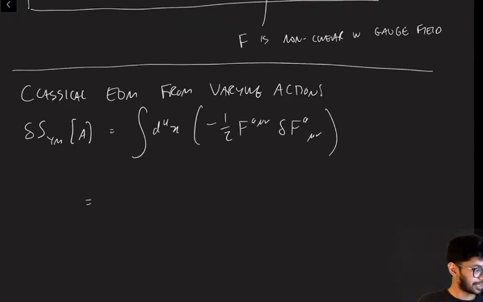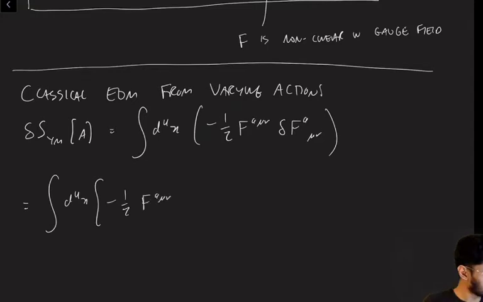Now, let me write out explicitly what this is. Let me try to do this correctly with no typos. This is the integral d^4x F^a_μν, and now here I'm going to plug in the definition of F in terms of the non-abelian gauge field.